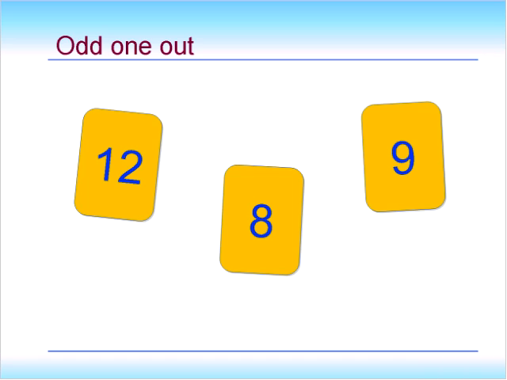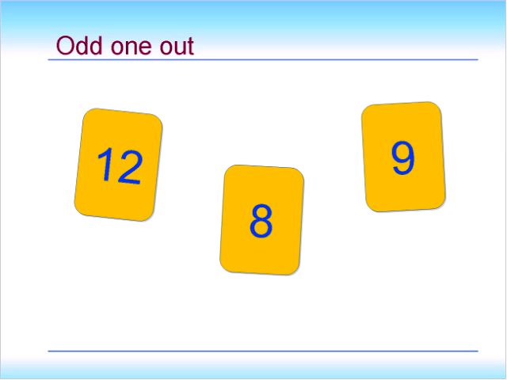Some research done in the UK with this particular activity, used as an assessment at the end of a period of work on an aspect of mathematics. They actually found that this simple activity was one of the best ways of assessing a child's understanding if they could explain the reason why a particular number or shape or measures or whatever was the odd one out.